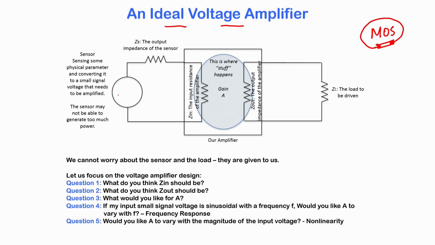So, let us say you have a sensor. For example, this could be a microphone that is picking up acoustic waves and converting them to voltage. So, you have a voltage across this microphone that is varying in correspondence to the voice that the microphone is picking up, and you have an output resistance of the microphone which is not really important at this moment.